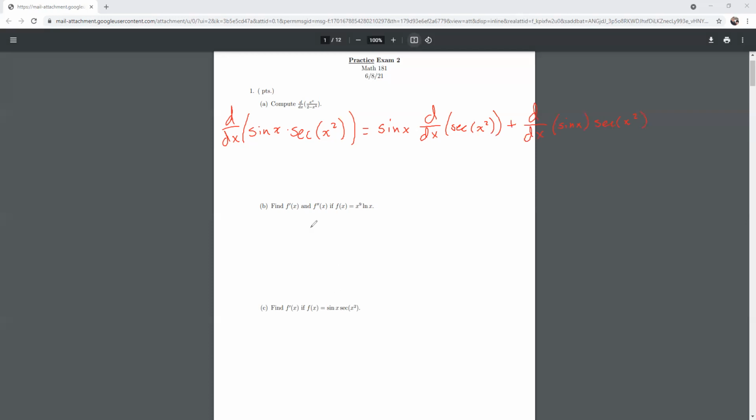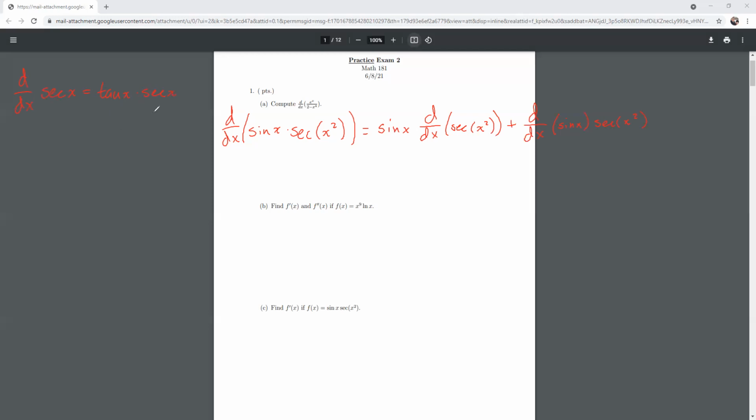So it looks to be, or maybe I'll just write this elsewhere. So the derivative of secant of x is equal to tangent of x times secant of x.